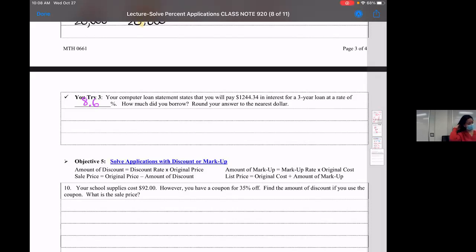Again, write out your equation I equal PRT and then just plug in the numbers for the letters.